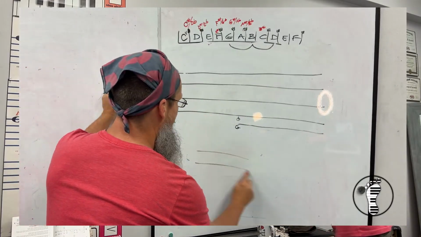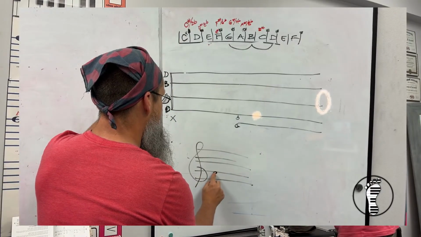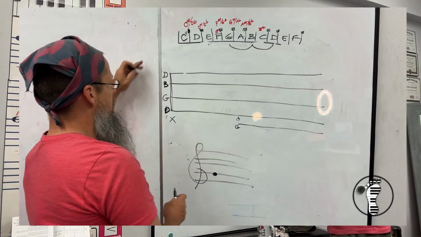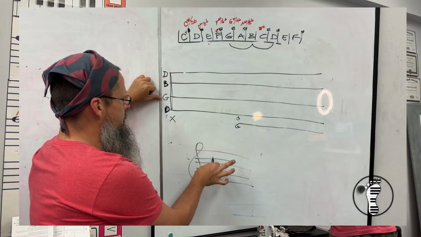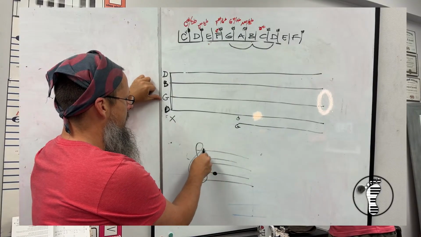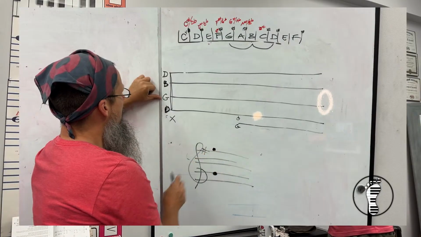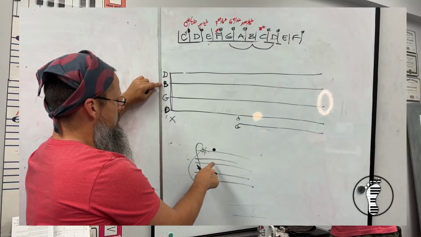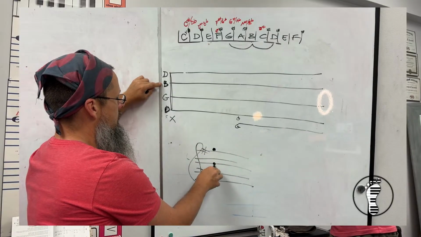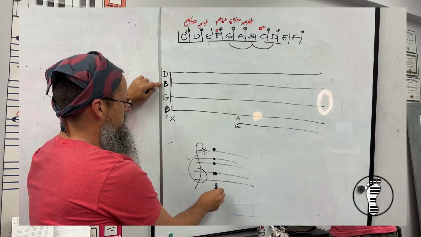When we look at it on the clef, it has G. It also is going to go up and have a high G if we know that the top line of the treble clef is the F. We also have a B, which isn't as high as the G. So we're going to come down here, throw a B there. We've got a high D, and we have a low D.